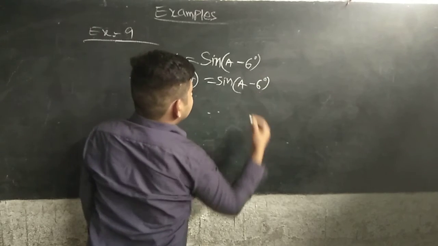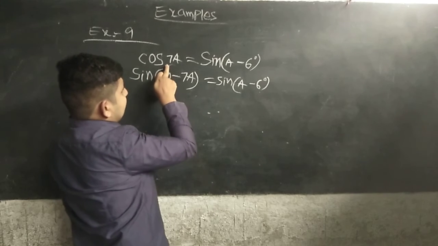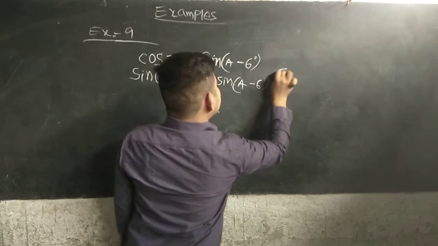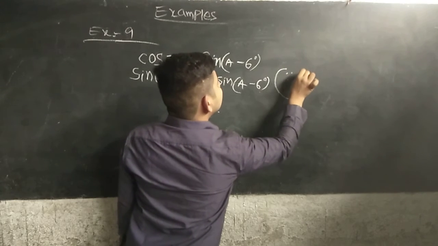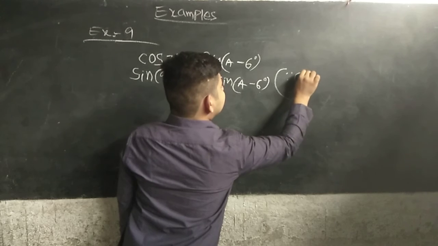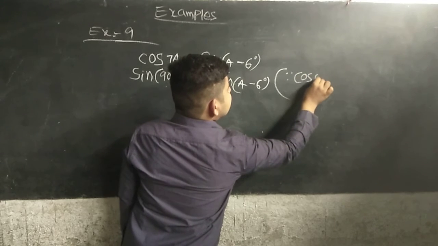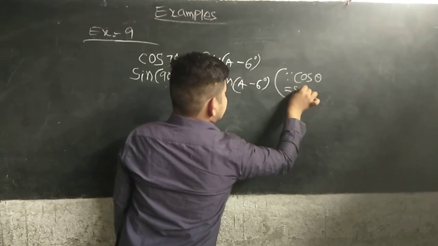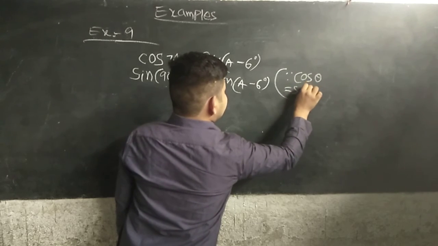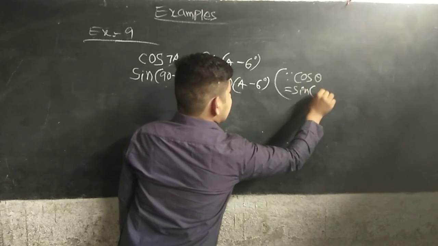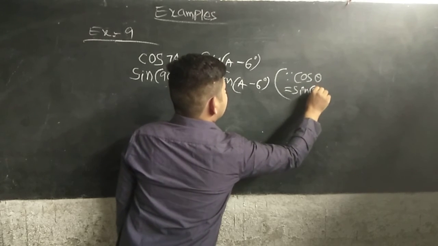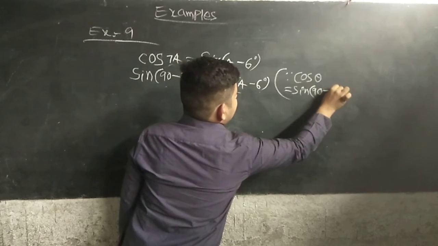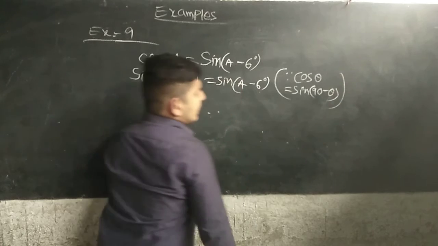Now, since cos theta equals sin 90 minus theta, here theta equal to 70.